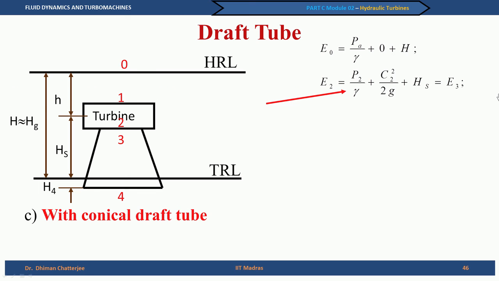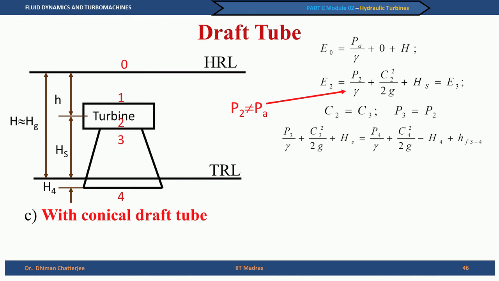And hence, in this case also we have to note that P2 equals P3, but that is not equal to atmospheric pressure, just like we had for the cylindrical draft tube. We can say that P3 by rho g plus C3 square by 2g plus Hs is equal to P4 by rho g plus C4 square by 2g minus H4 plus Hf324.